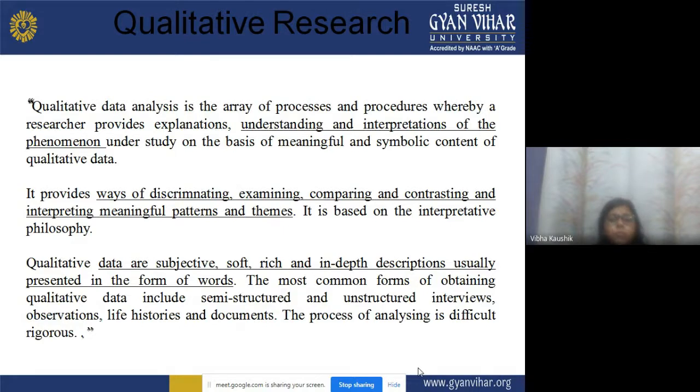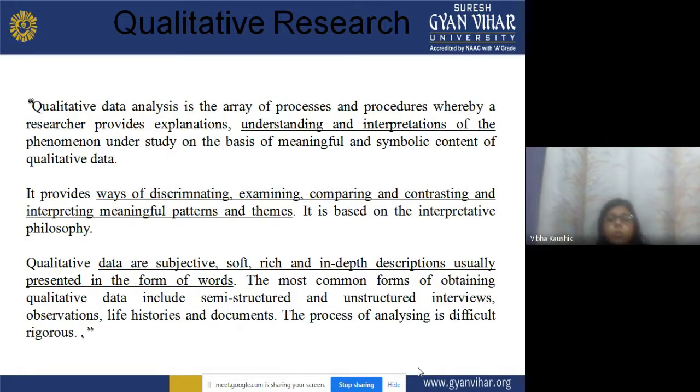It provides ways of discriminating how the two variables are different from each other, examining the variables, making a comparison between the two, contrasting and interpreting meaningful patterns and themes. On the basis of that, meaningful patterns and themes will be constructed.